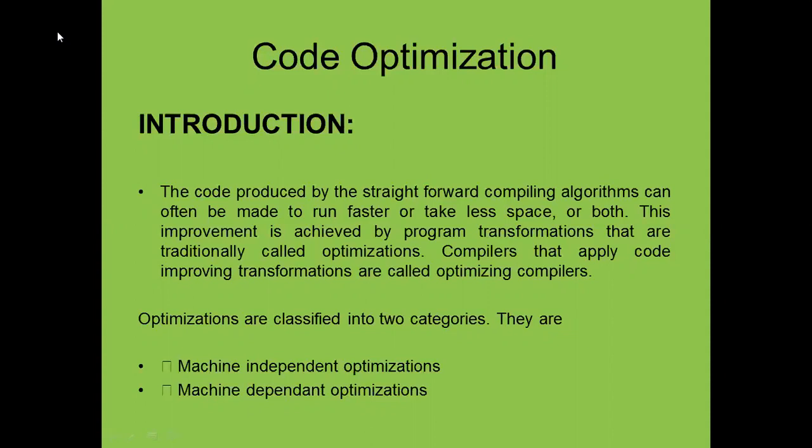So the program will run faster if we remove the redundancy, the dead code we used while writing our program, the unnecessary statements, or the unnecessary iterations of the loops.